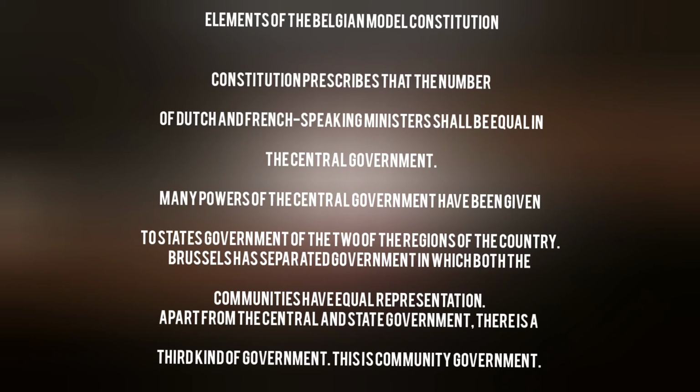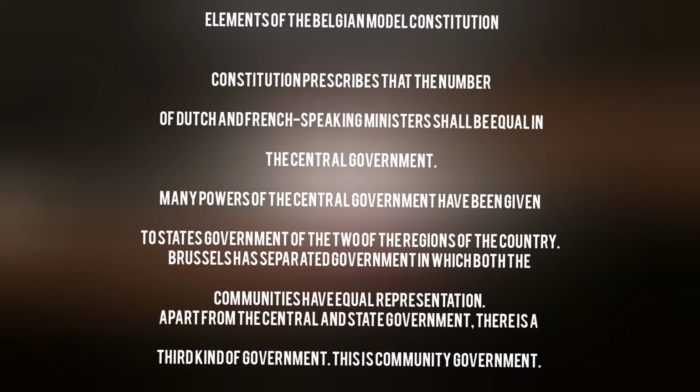Some special laws require the support of a majority of members from each linguistic group, and no single community can make decisions unilaterally. The second point: many powers of the central government have been given to state governments of the two regions of the country. The state governments are not subordinate to the central government.